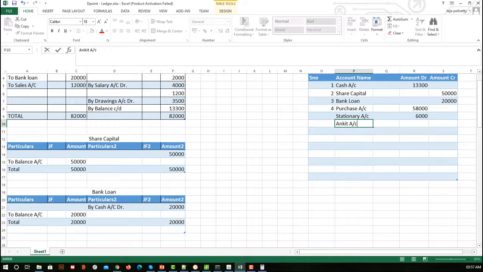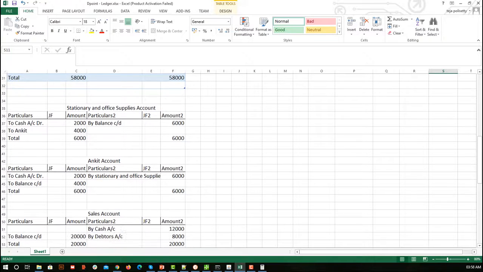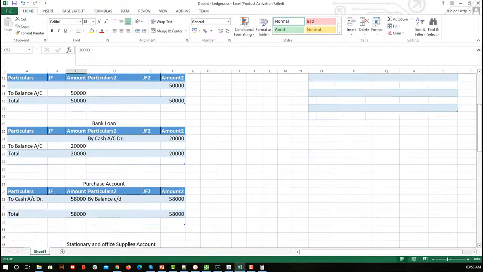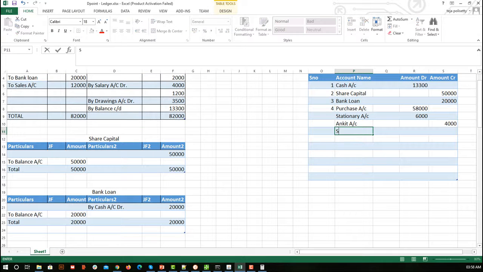Similarly, what we have next is sales account. So here we can see to balance 20,000 on the left side, so we are going to write 20,000 on the right hand side. Sales account 20,000.